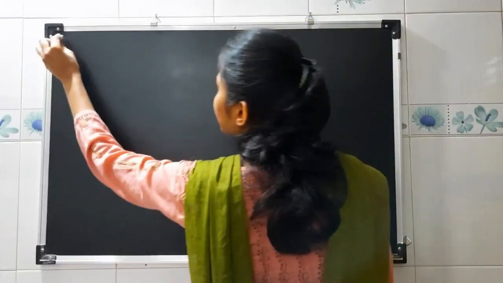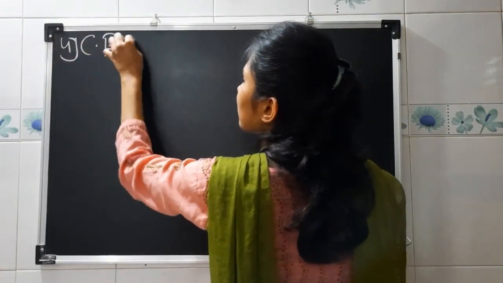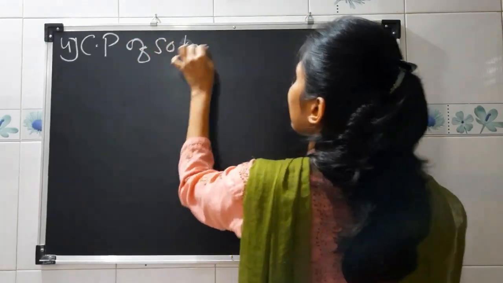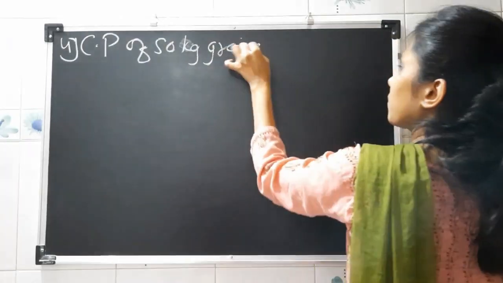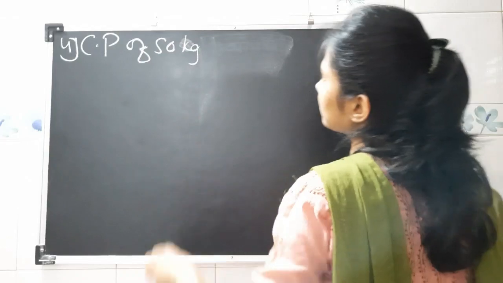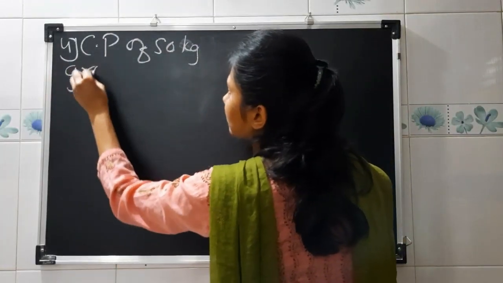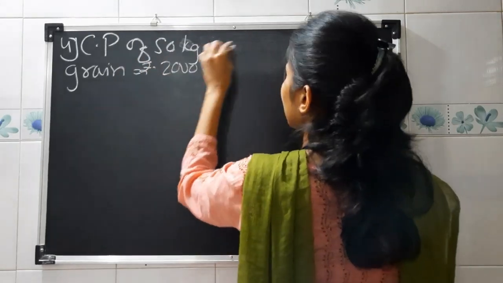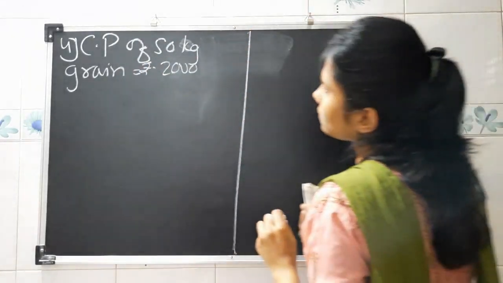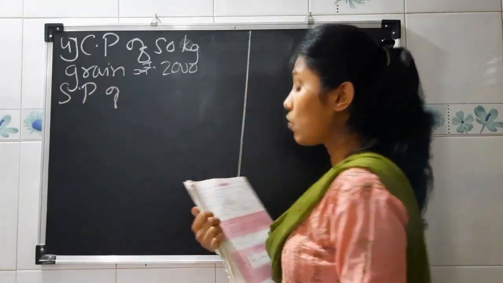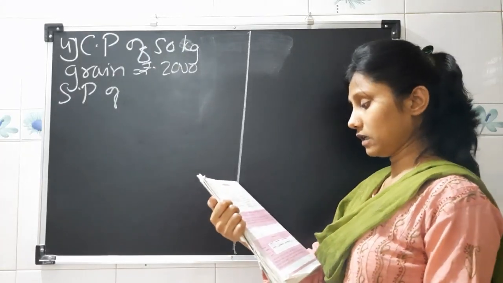So the cost price of 50 kg grain is rupees 2000, and the selling price of 1 kg is 43 rupees.